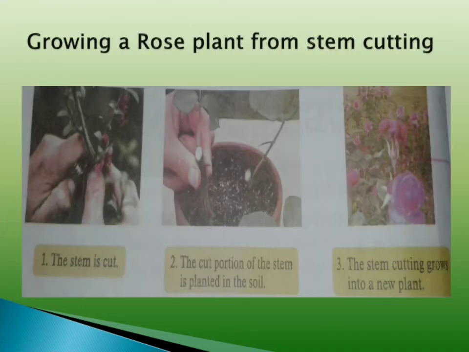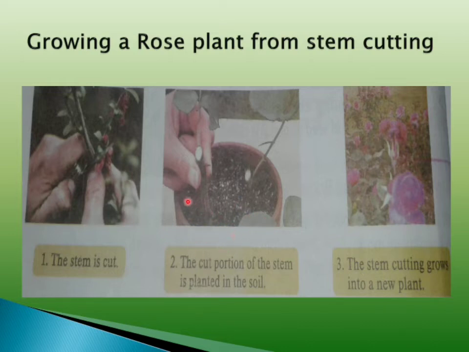Then, in case of the rose, hibiscus and money plant, new plants can grow from just stem cutting of the mother plant. See here also they are doing stem cutting from the rose plant. See, in the first step the stem is cut. In the next step the cutting portion is there, no?